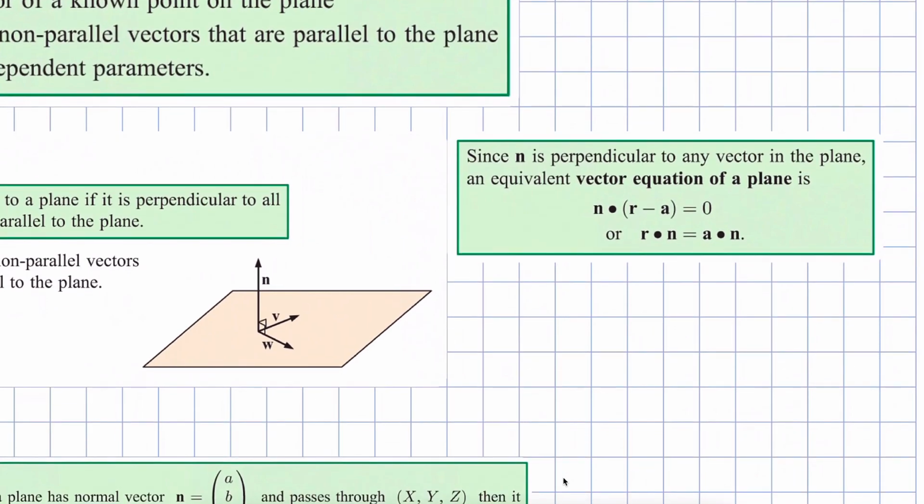This is the vector that sits on the plane, this is the normal, so that must equal 0.